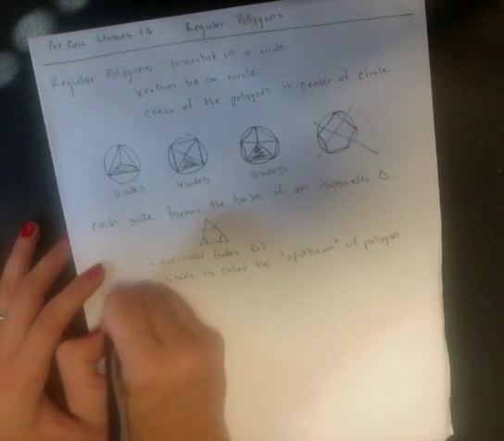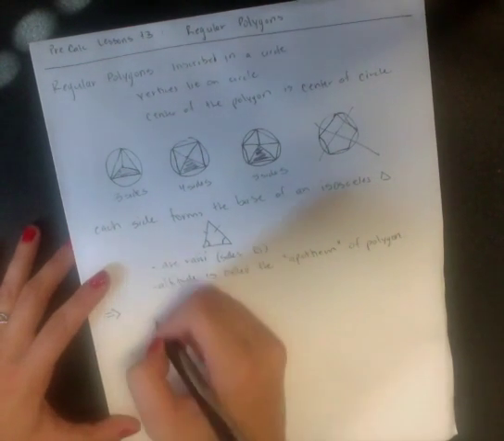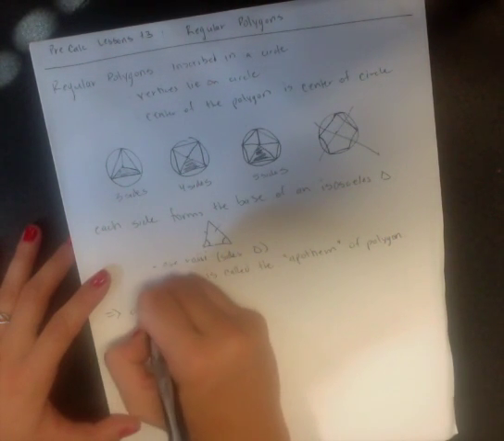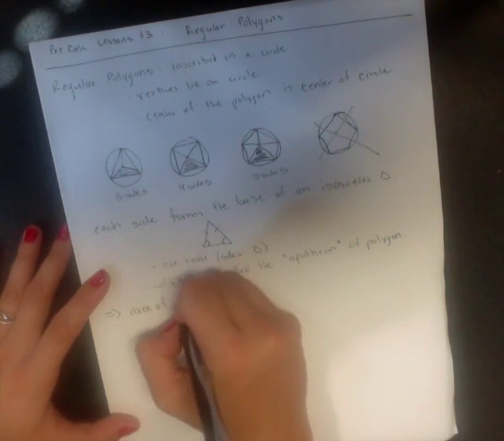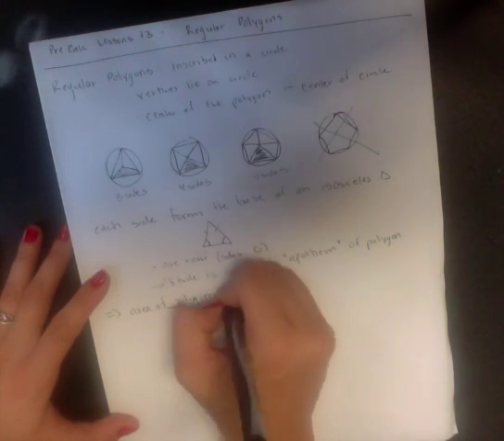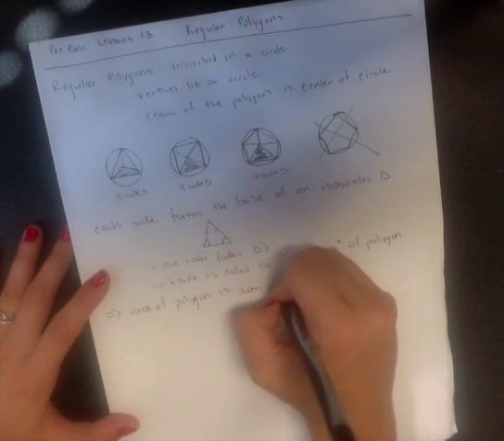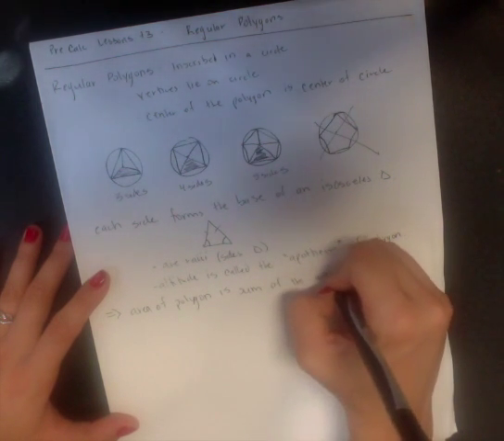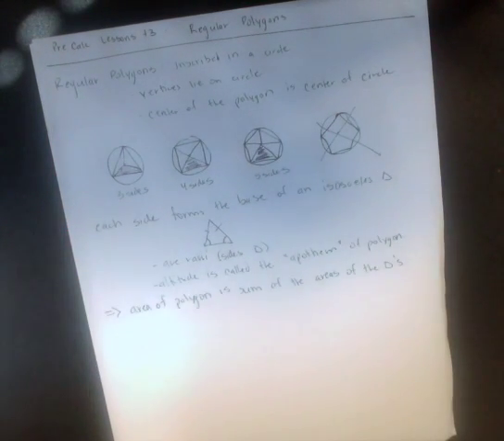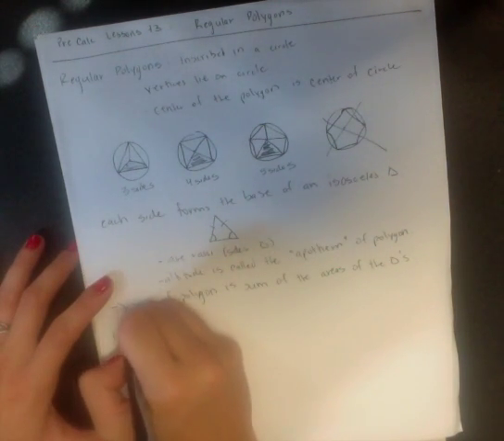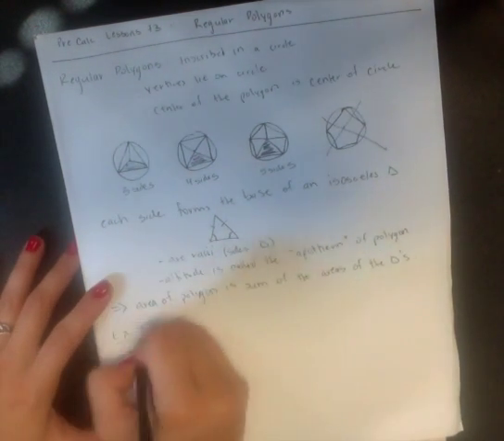And super important that you need to memorize is the area of the inscribed polygon is the sum of the areas of the triangles. Okay? So, let's do an example.